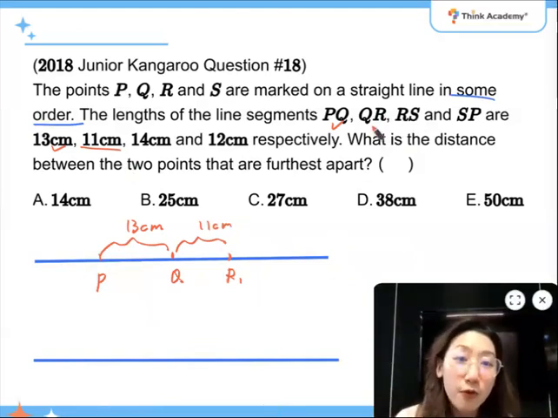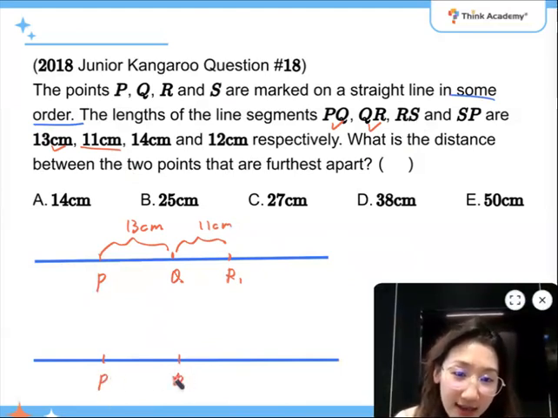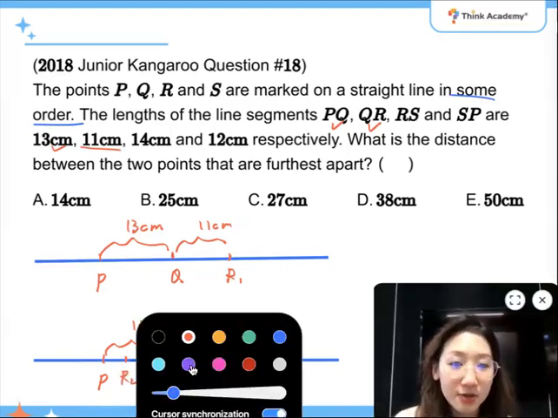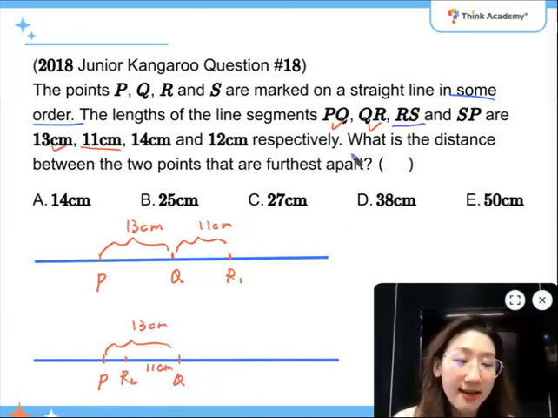So it's becoming a little bit too complicated. So now from the second one, I would like to split them into two lines so that everything is more obvious for you. So let's say again, PQ is 13 centimeters, but this time my R is on the left side of Q, and this would give me 11 centimeters. So let's call it R2. Right, now let's move on to RS. So with RS, as we said, the S can be on the right, can be on the left.